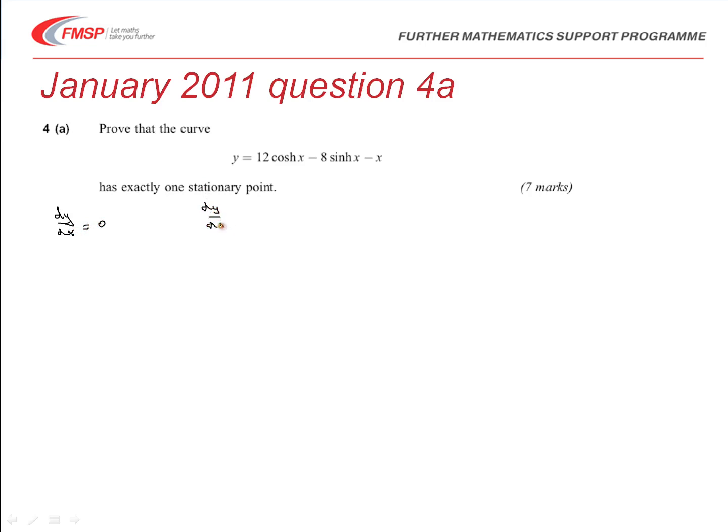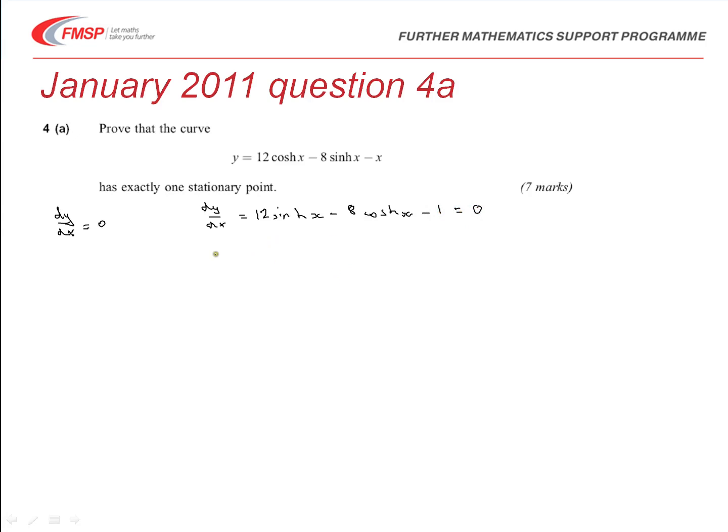And we said the differential of cosh is sinh, so this becomes 12 sinh x minus 8, and differential of sinh is cosh. And the differential of x, of course, is 1, so minus 1. Now that equals 0 at the stationary point.